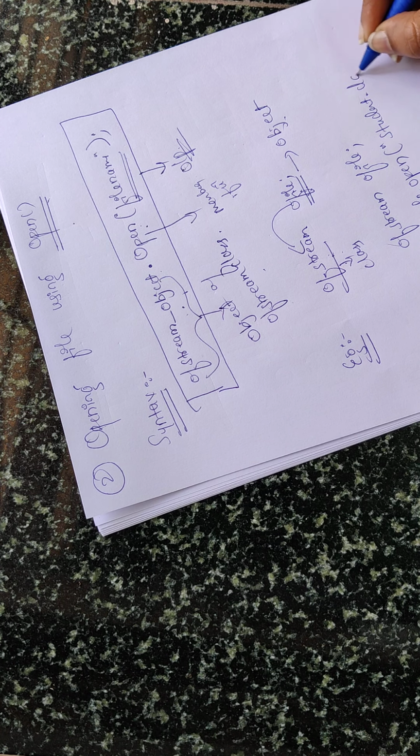First you have to create the object of your ofstream, so ofstream, I'll write a shortcut fp, fp dot open. It is not necessary that we use the same object. The object name is a user-defined name, anything you can give. Student dot dat. So this is the syntax.